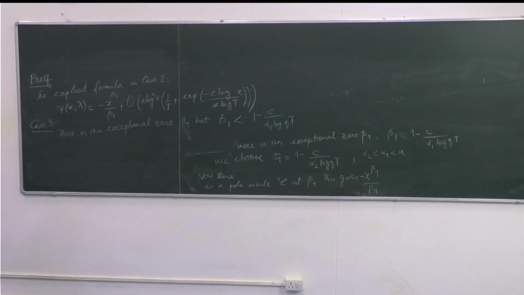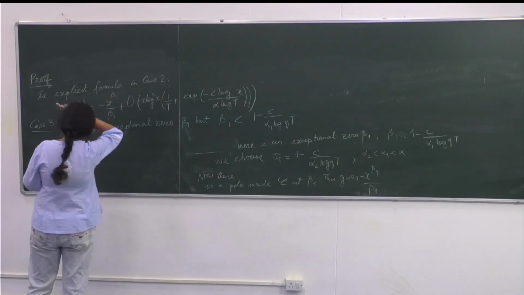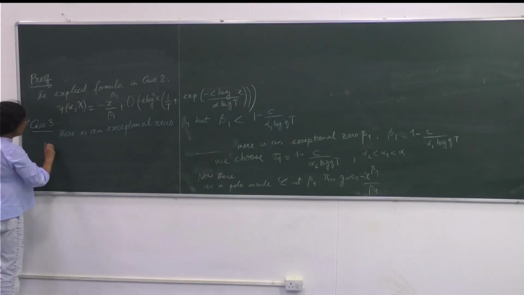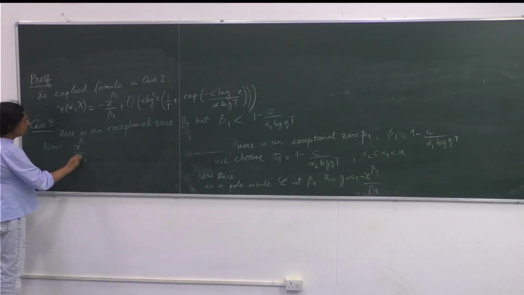And this time what is going to happen is this term, x to the power beta 1 by beta 1. So this is what you have to bound.